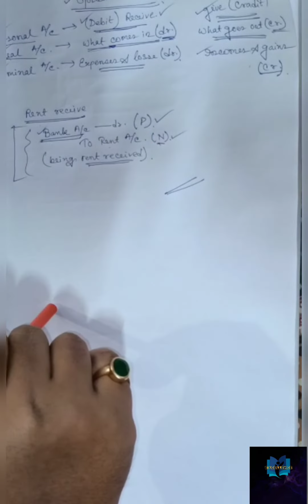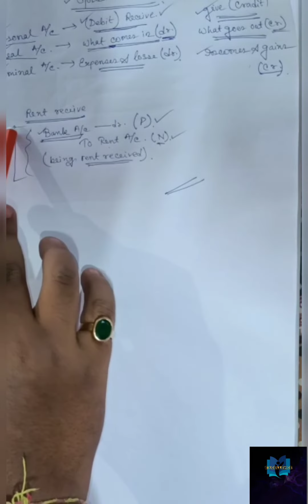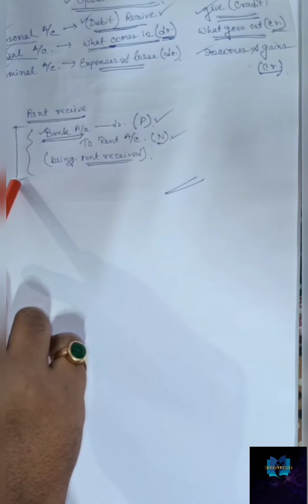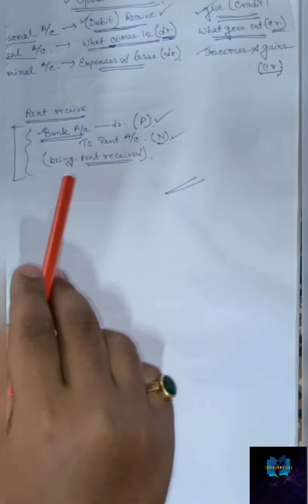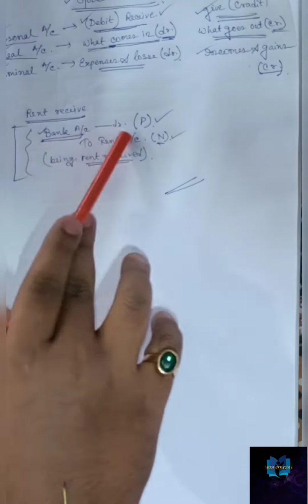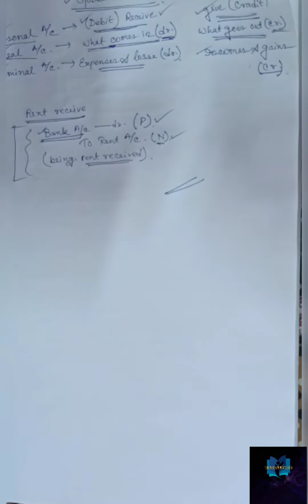For clarifying these golden rules, I have given an example here. Rent is received by a person. In that person's books of account, it will be bank account debit to rent account, because rent account is in credit.